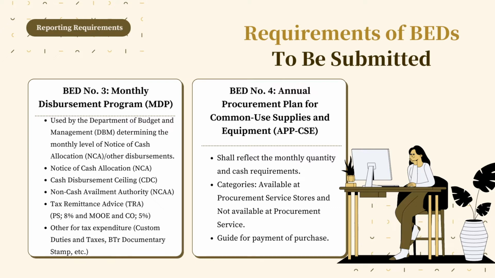So the quarterly cash requirements as reflected in the APP-CSE, which form part of the APP, shall serve as the guide of the agency for payment of purchases made and shall be reflected both in BED number 1 or the financial plan and BED number 3 or the monthly disbursement program.